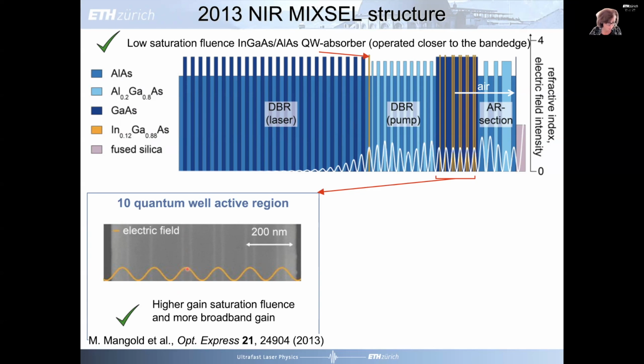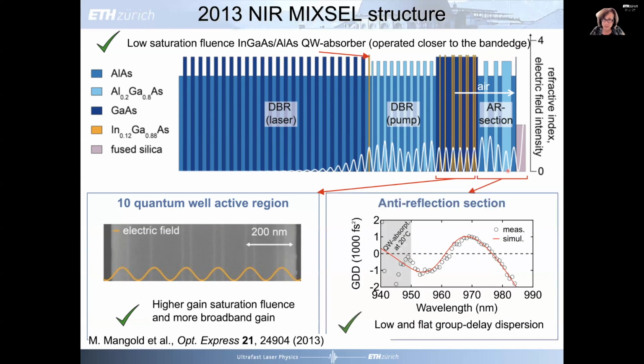You also get a broader gain bandwidth with less wavelength sensitive enhancement, and then we improved the anti-reflection. So this is still in units of thousand femtosecond square, but it's only a few thousand femtosecond square.